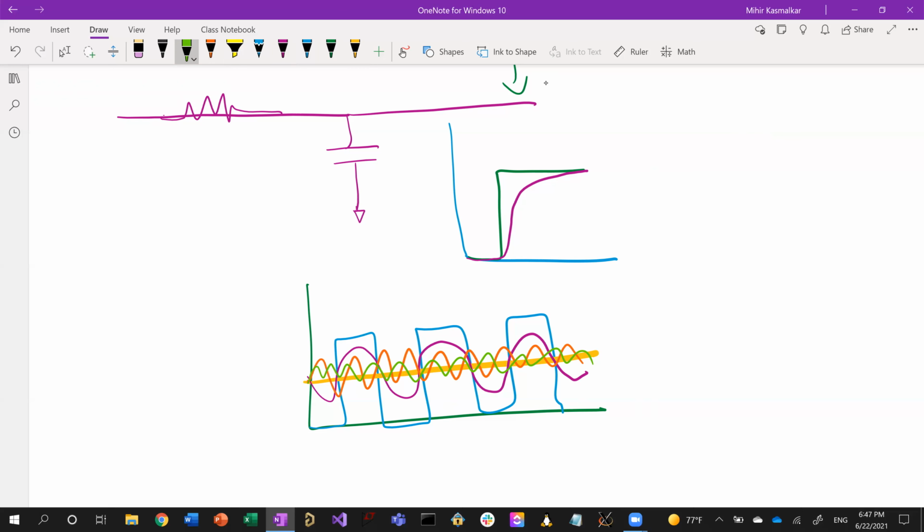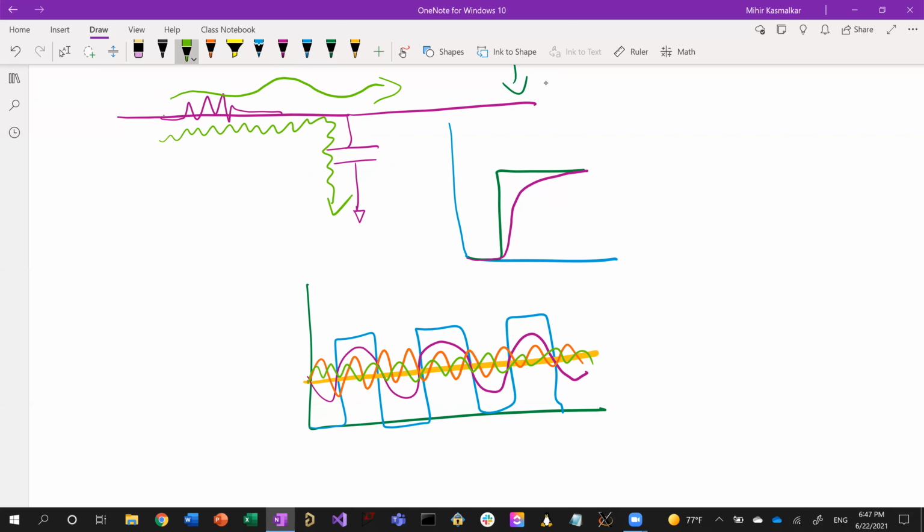As you start filtering out the higher frequencies with the RC filter, the way that works is the capacitor acts as a low impedance to high frequencies. It allows high frequencies to go through, so those high frequencies get shunted straight through the capacitor to ground, while the lower frequencies see a high impedance at the capacitor, so they just move forward.